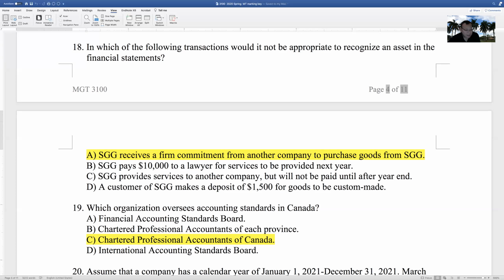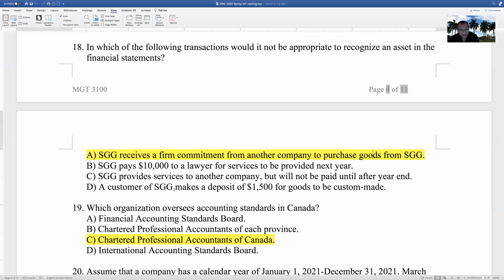C, SGG provides the service to another company, but will not be paid until after the year end. If you provided the service, you're going to recognize AR. You debit accounts receivable. Again, you recognize the asset in the financial statement. So C is okay.